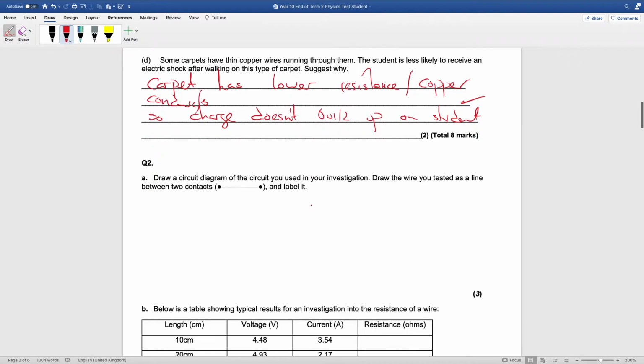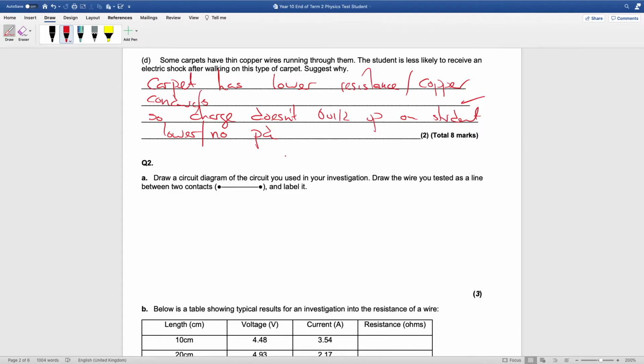Then we have question 2: draw a circuit diagram for the circuit you used in your investigation to do the practical shown in part B, looking at the relationship between the PD, the length of the wire and the resistance of the wire.